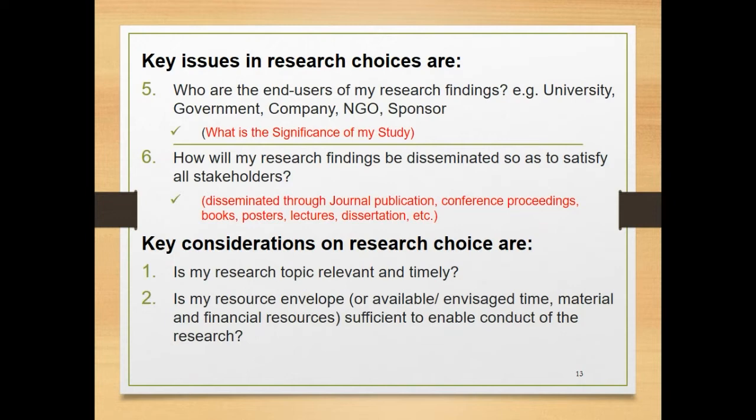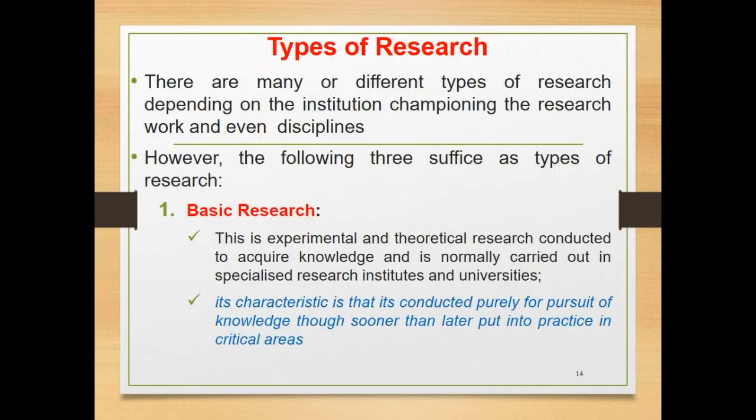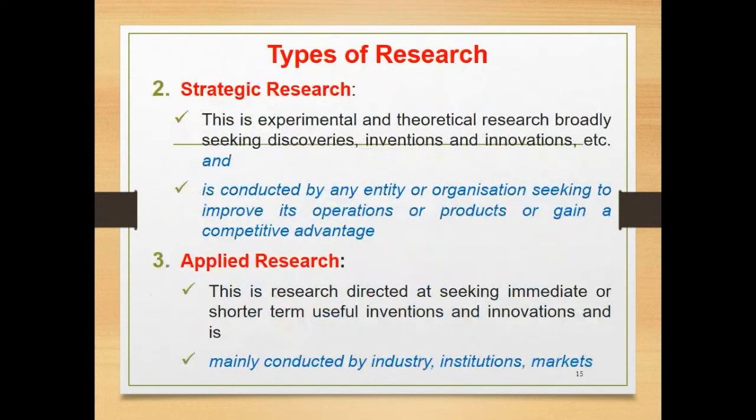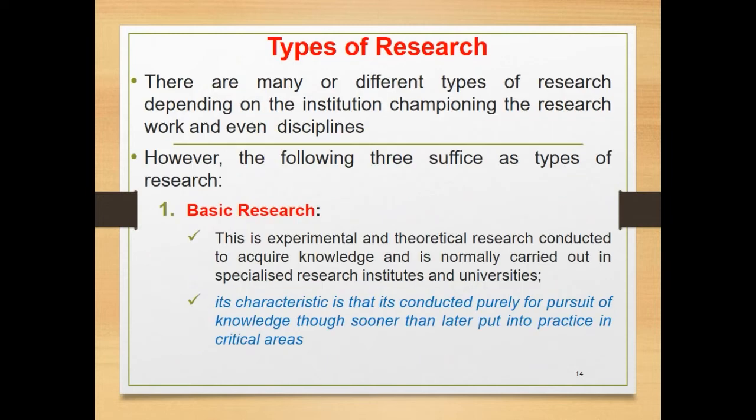Of course, there are types of research. There's basic research, strategic research, and applied research. And in engineering, we are in the applied area. So we don't deal with the chemistry, those are basic research, okay?